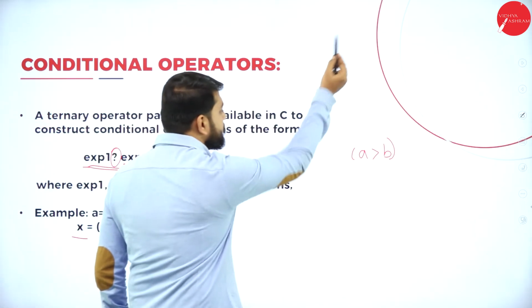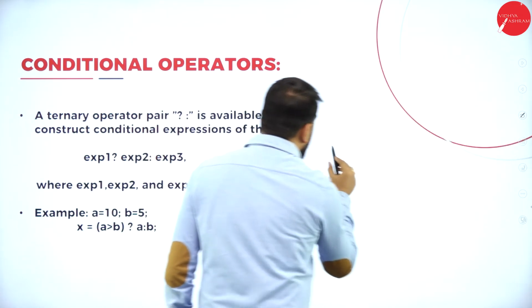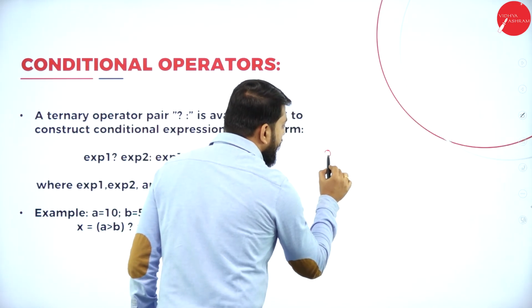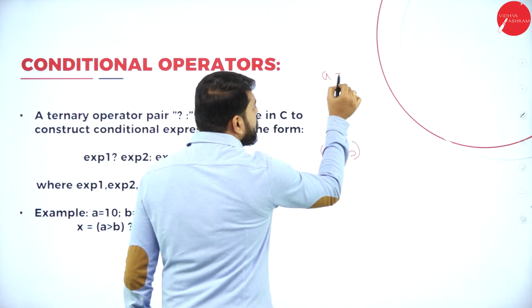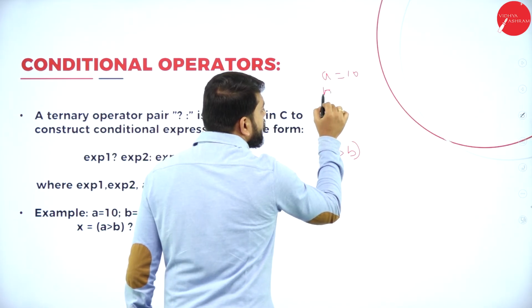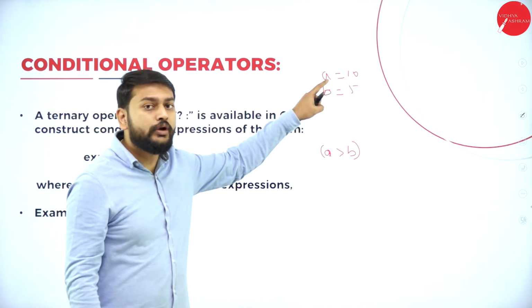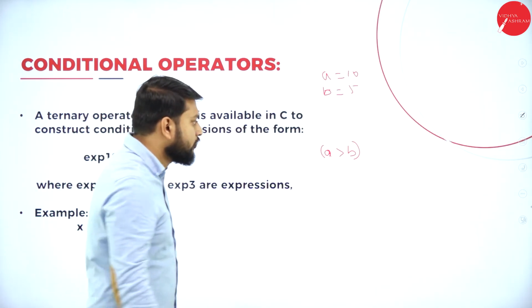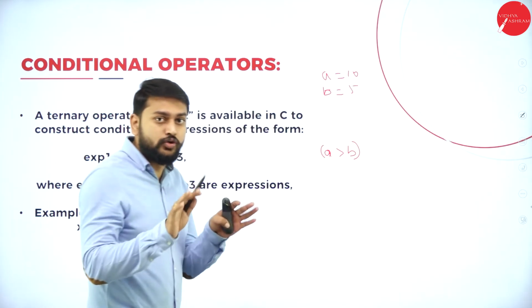So let me just take an example. I have A is greater than B. Let's take A is equal to 10 and B is equal to 5. What is the A value? 10. What is the B value? 5. So A is greater than B. I'm checking, is it true?